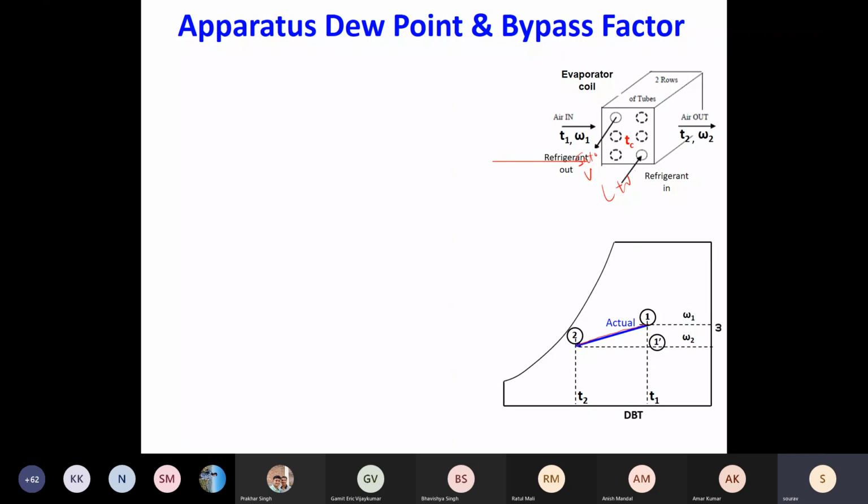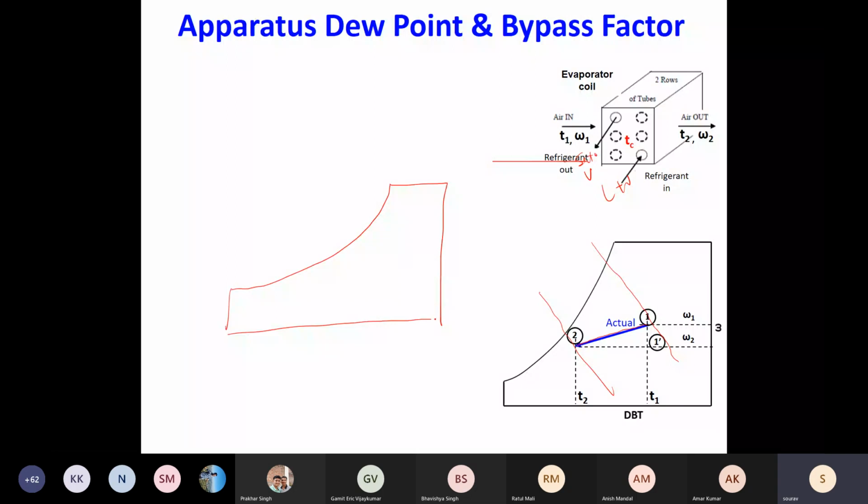Now, in the last class, someone asked me that if I have to dehumidify in your air conditioner, why do we say that the load on the system is higher? So let's say this is your incoming air temperature. In one case, you are going through this process.